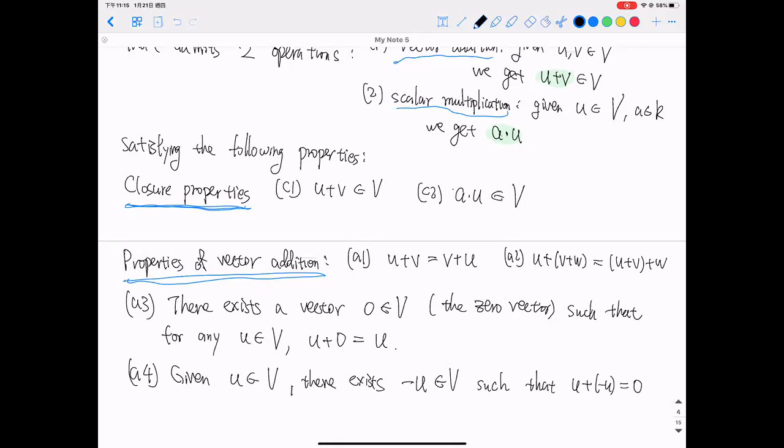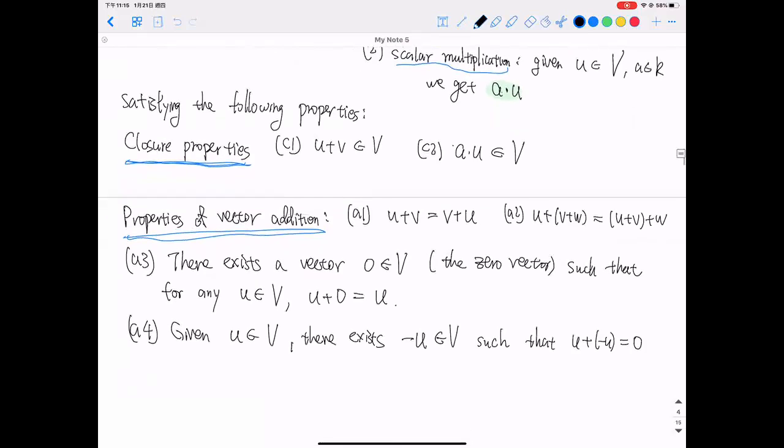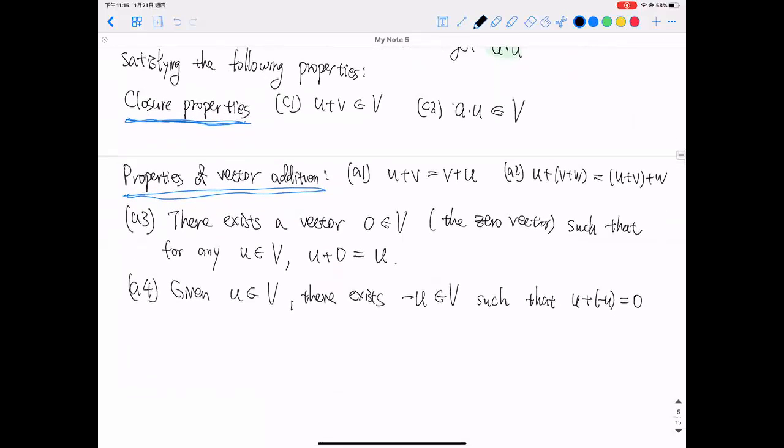Okay. So these are the four properties of vector addition, and there are also four properties of scalar multiplication.